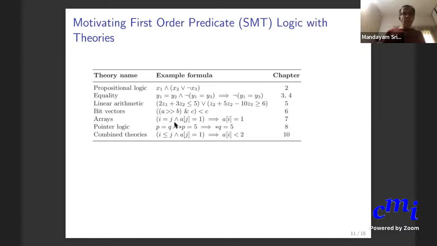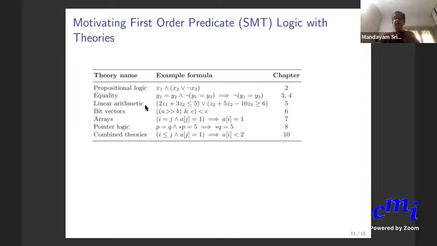But SMT solvers go beyond that. They also support certain theories that are commonly used in practice, especially in programming, like finite bit vectors, arrays, pointers, and combinations of any of these theories.